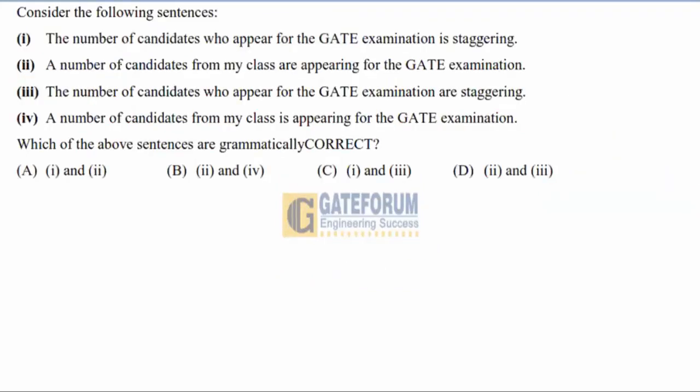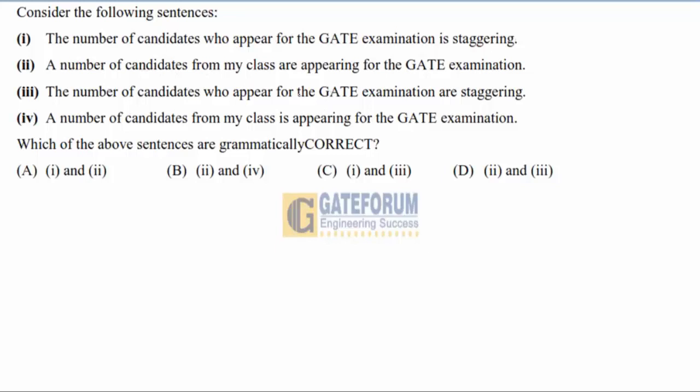Consider the following sentences. They have asked you which of the above sentences are grammatically correct. Okay, so let us check. The number of candidates who appear for the GATE examination is staggering.